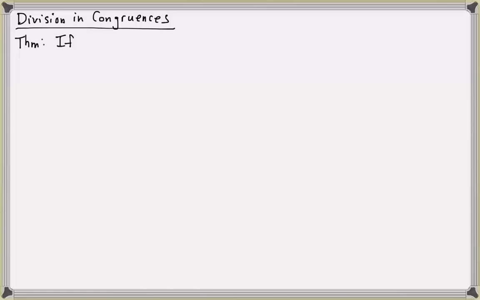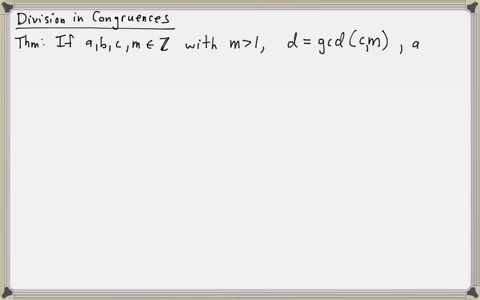If a, b, c, and m are integers with m greater than 1, and d is the greatest common divisor of c and m, and ac is congruent to bc mod m, then a is congruent to b.